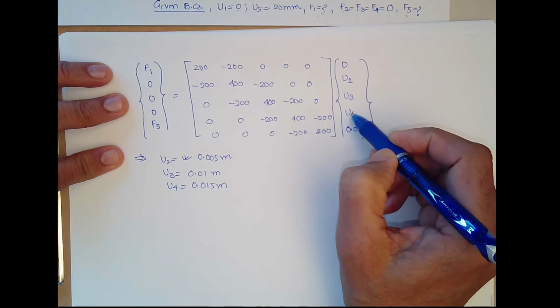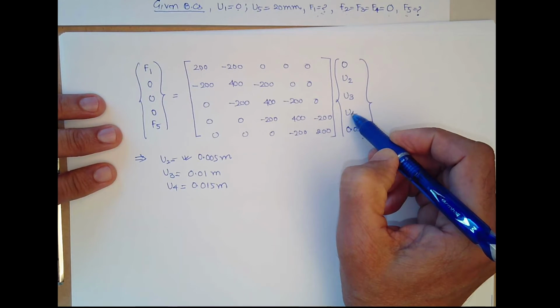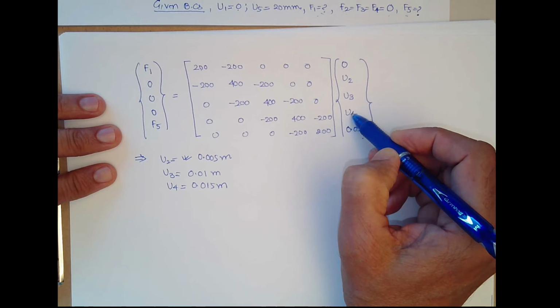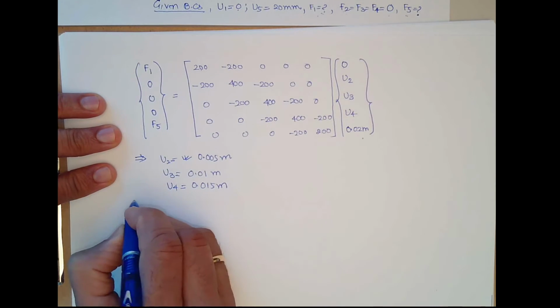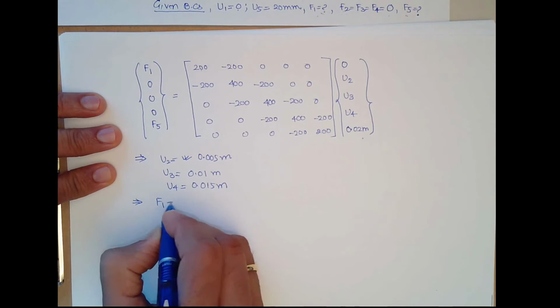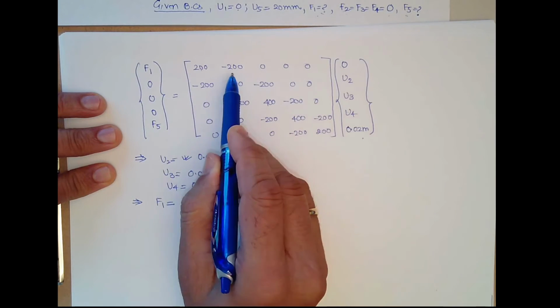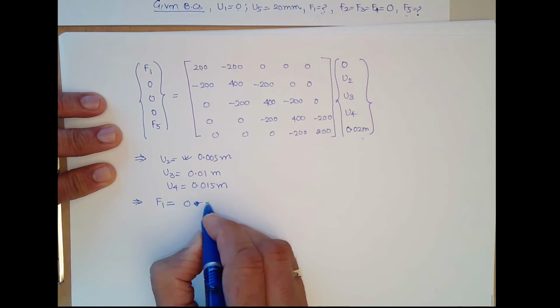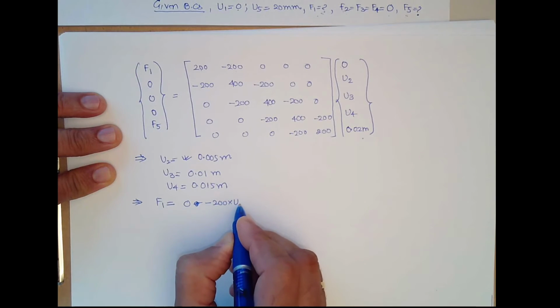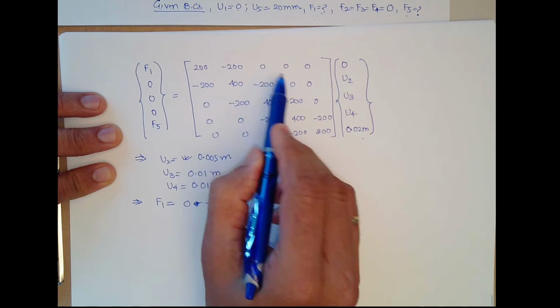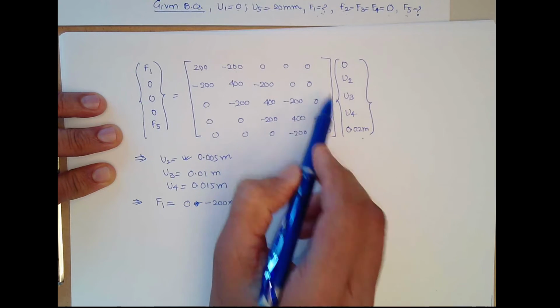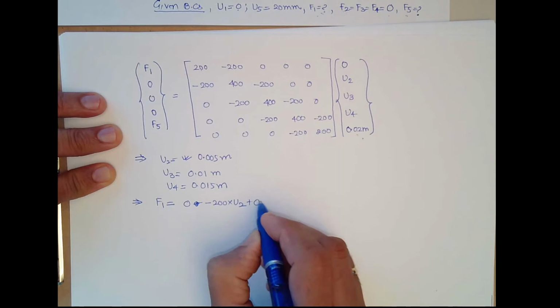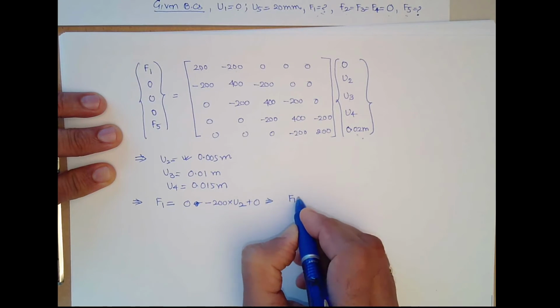So 1, 2, 3 are known. So F1 I can write as 200 into 0 minus 200 into u2 plus 0 into 0 plus 0 into 0 plus 0 into 0. So all 0. This implies F1 is also known.